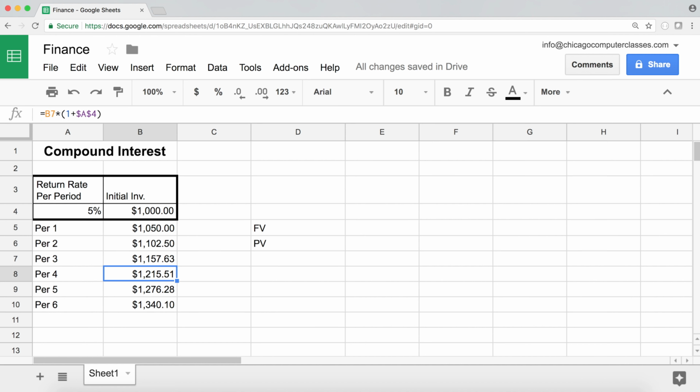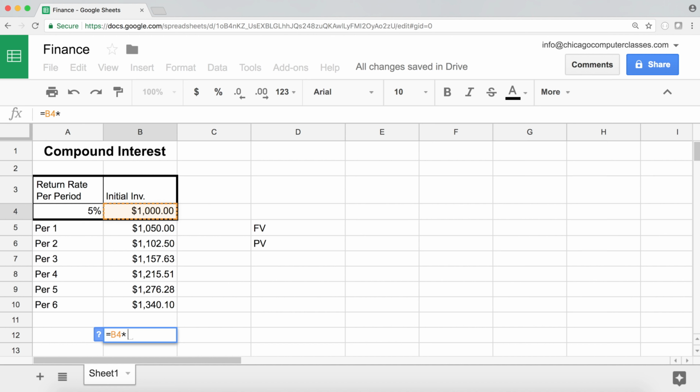Another way to do this is by using a different type of formula. Let's go ahead and use that. To get to the same exact number, I can start with my equal sign and say, well, this is my initial investment value that I have, which is $1,000.